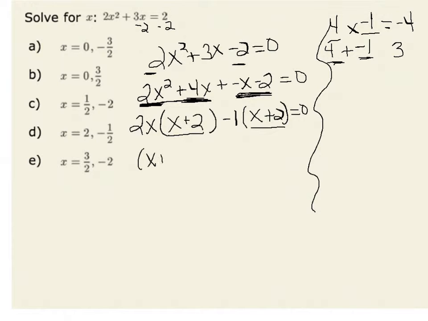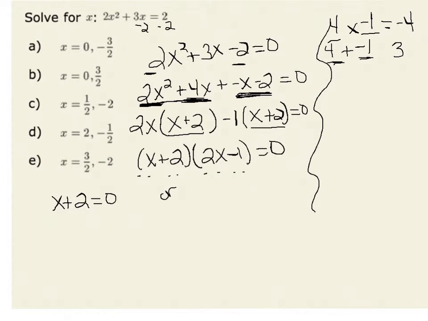Factoring out x plus 2, I am left with 2x minus 1, and that is equal to 0. Now I can see that I have the product of two terms is equal to 0. My zero product principle says that either the first term, x plus 2 is equal to 0, or my second term, 2x minus 1, is equal to 0.